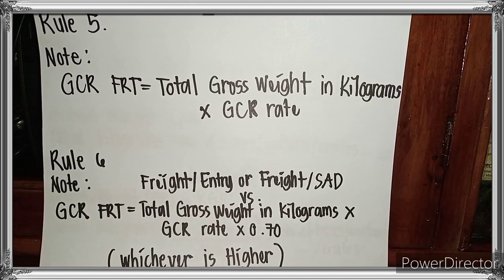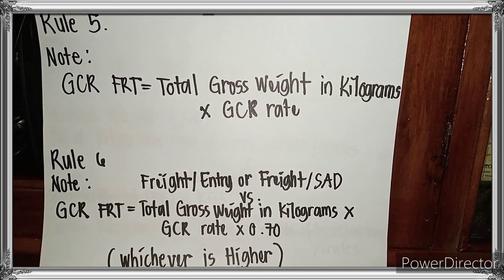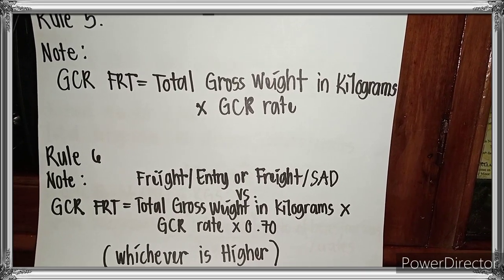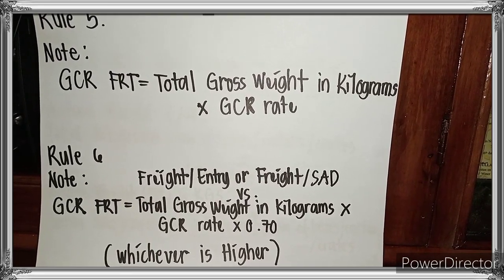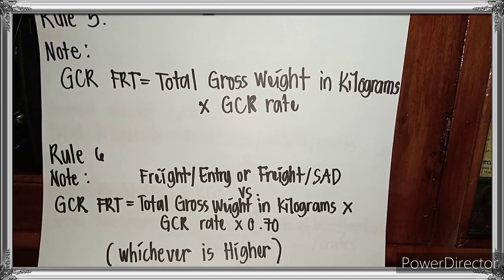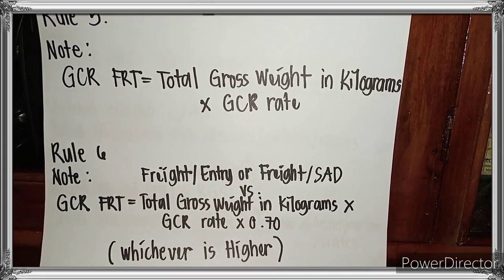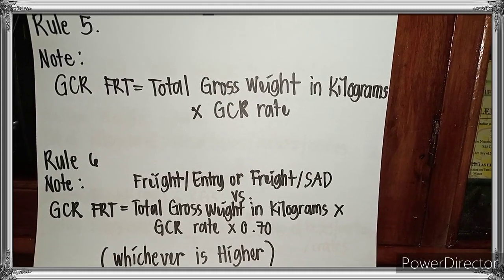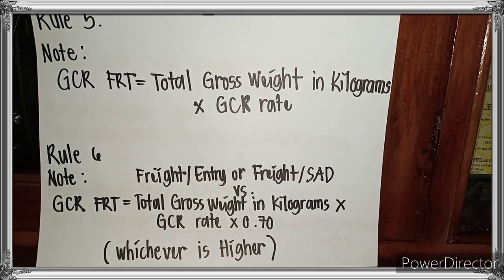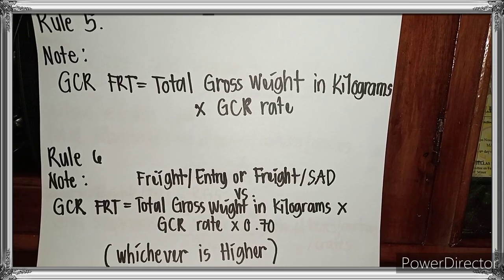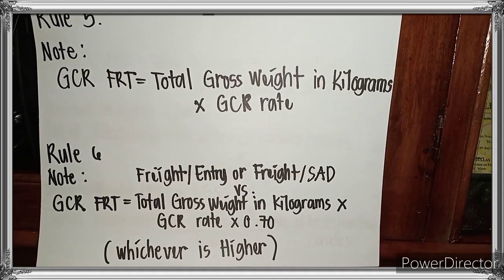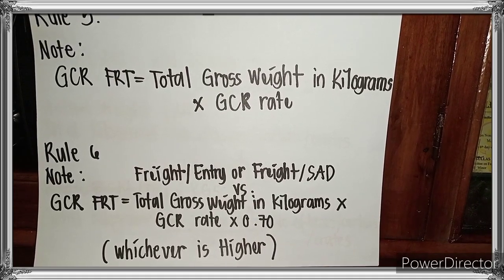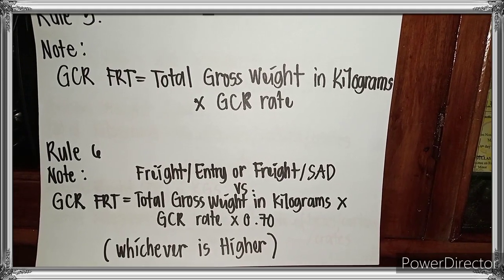As you can see, there is a difference between Rule 5 and Rule 6. In Rule 5, there is no freight on entry or SAD. If both appear in the statement, then you have to go with the general rule, which is whichever is higher. And when computing Rule number 6, we have to multiply it by 0.70.